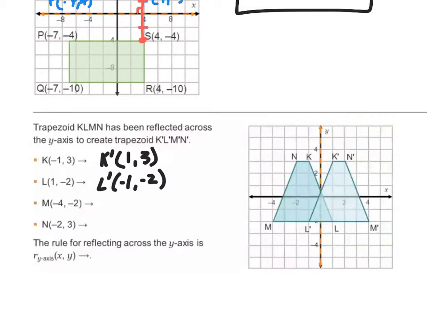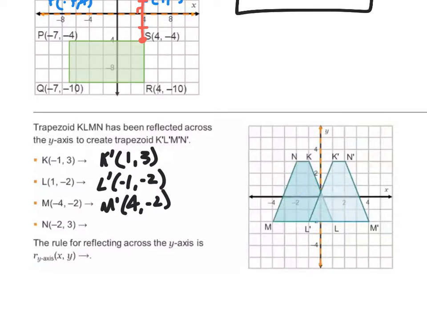Let's look at point M. Point M is -4, -2. If I reflect that over, M prime is going to be 4, -2. Hopefully you're seeing a pattern here. If I look at point N, that's the point -2, 3.